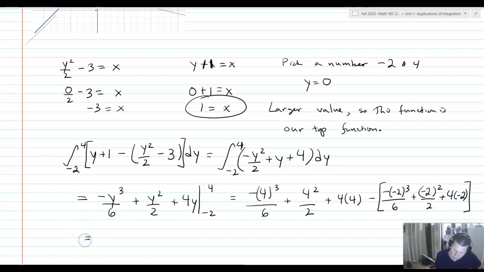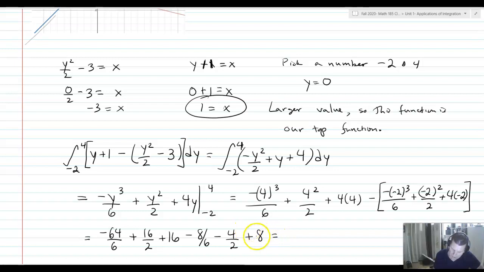And this will then equal -64 over 6 plus 16 over 2 plus 16 minus, and this is going to end up being positive 8 over 6, so minus 8 over 6, minus 4 over 2, plus 8.